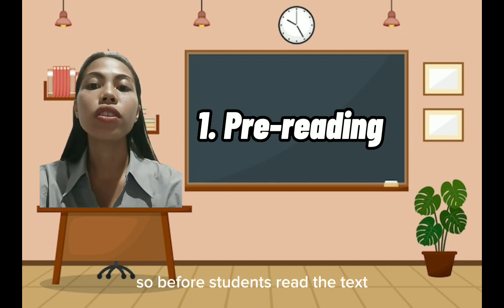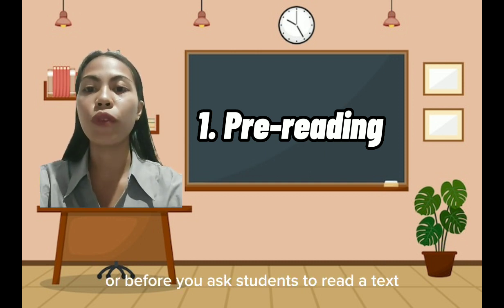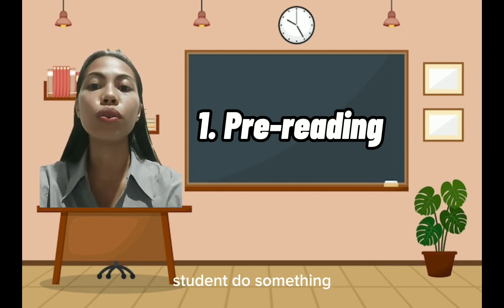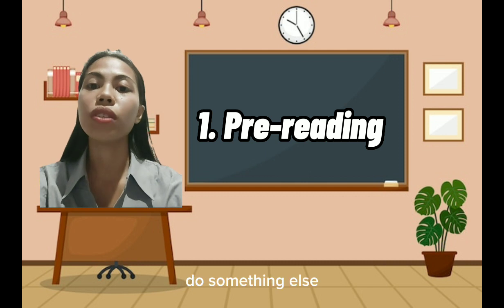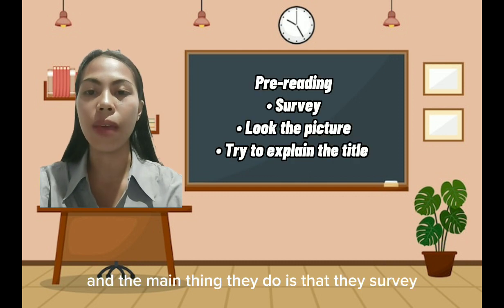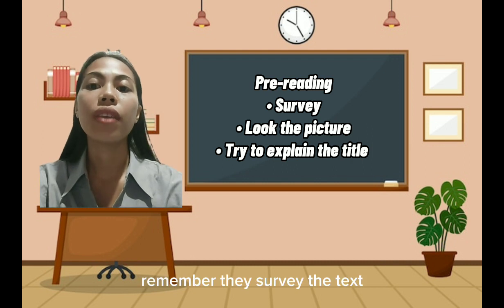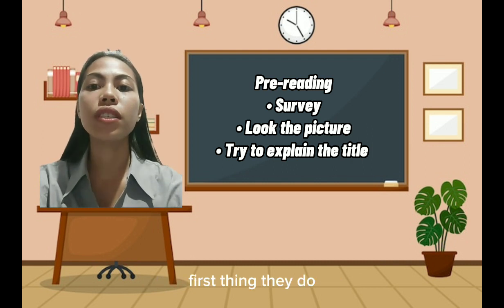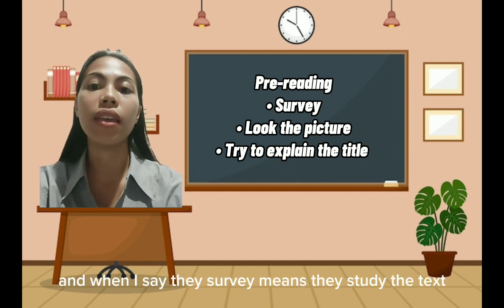So before you ask students to read a text, students do something else, and the main thing they do is that they survey the text. Remember, they survey the text. First thing they do, they survey the text, and when I say they survey, it means they study the text.